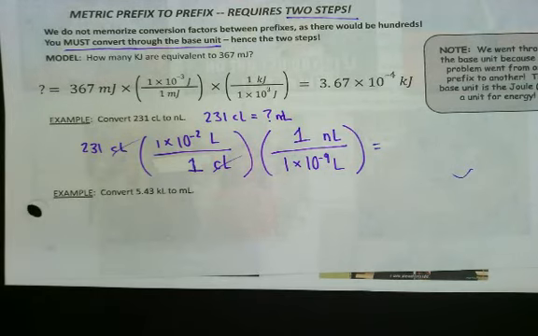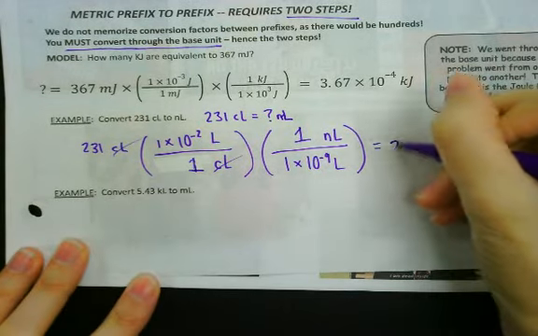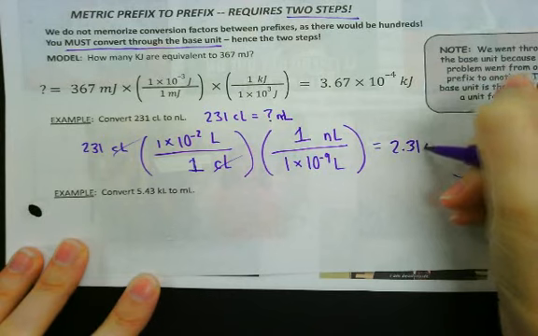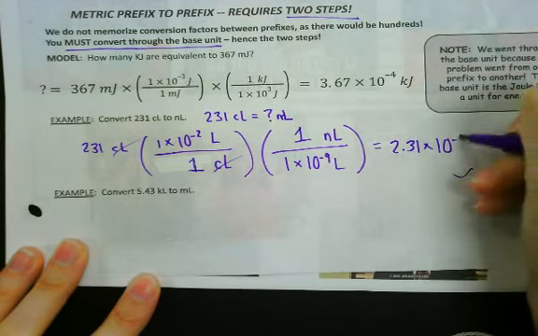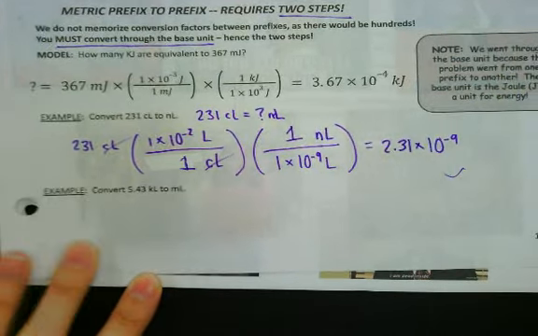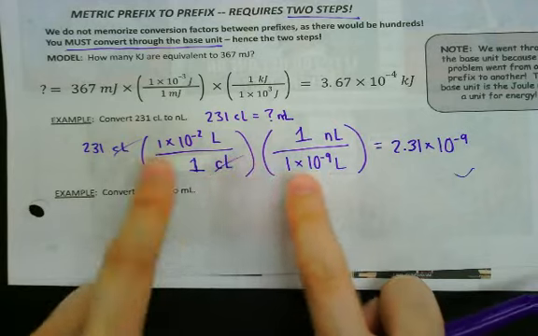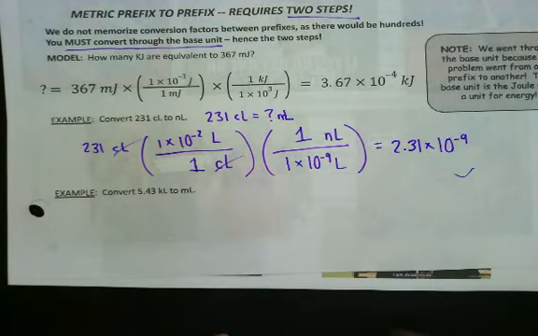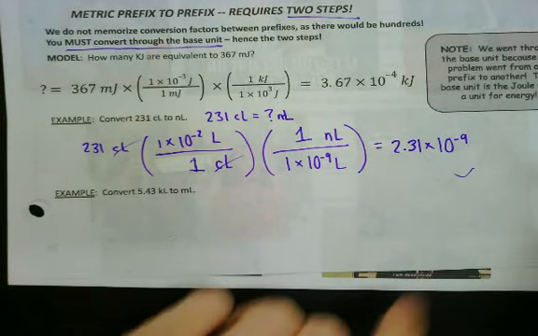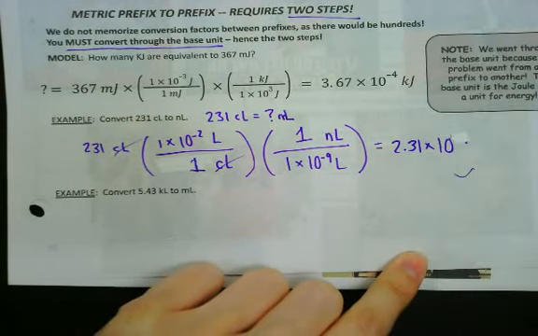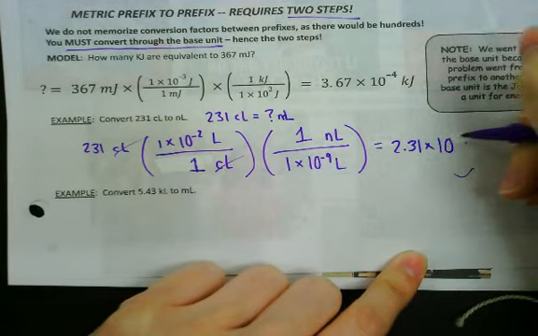Okay, would anyone like to share what they got for that? Yes, sir. 2.31 times 10 to the negative 9? Yeah. Do we agree with this? Thumbs up, thumbs down? What do we think, y'all? Did you forget a negative somewhere, maybe? Somebody else got something different? What did you get, Peter? 2.31 times 10 to the 9?